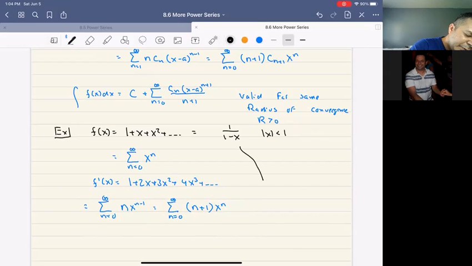Okay? So now, we can take the derivative of that, no problem. I mean, you're all in Calc 2, I assume, right? So you should be able to take the derivative of that. That's going to be, what, 1 over 1 minus x squared? It might be negative. Let me just make sure.